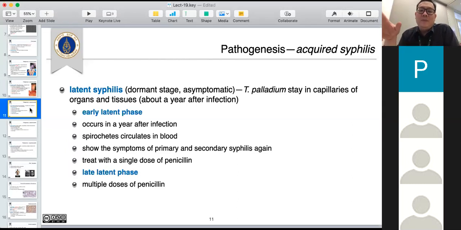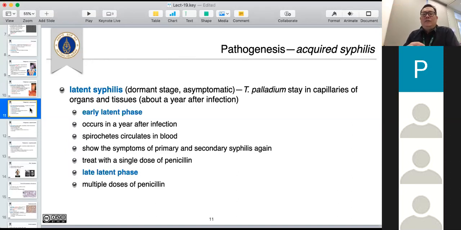The patient will have no symptoms. So Treponema pallidum stays in capillaries and spreads to so many organs. They stay in the capillaries of so many organs, so many tissues in the body. That happens about a year after infection.